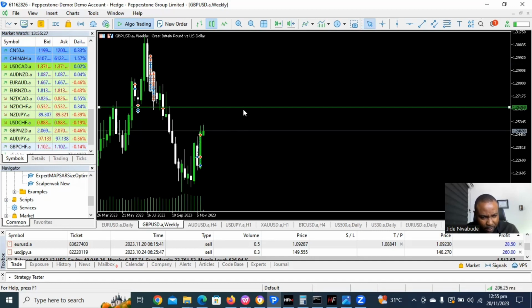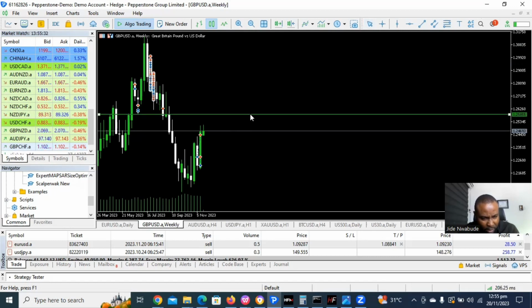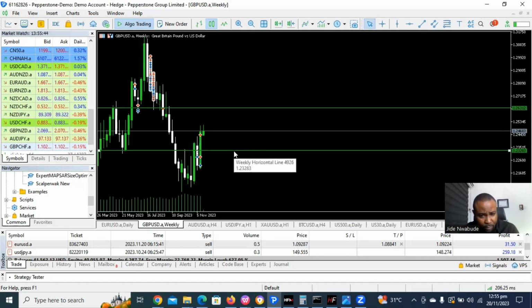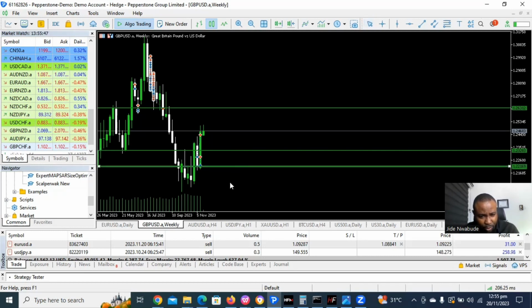So I'll start from here. Can you see that? There's one here. These two are the same thing. There's another one here. Remember, this is daily time frame. Price will first of all hit here before it goes down. But I've already picked this.